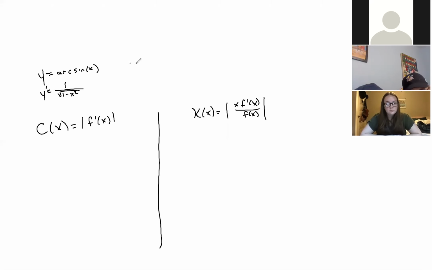So our domain to begin with is values between -1 and 1, and we can include 1 and we can include -1. So first off, for the absolute condition number, we've got the absolute value of 1 over the square root of 1 minus x squared.